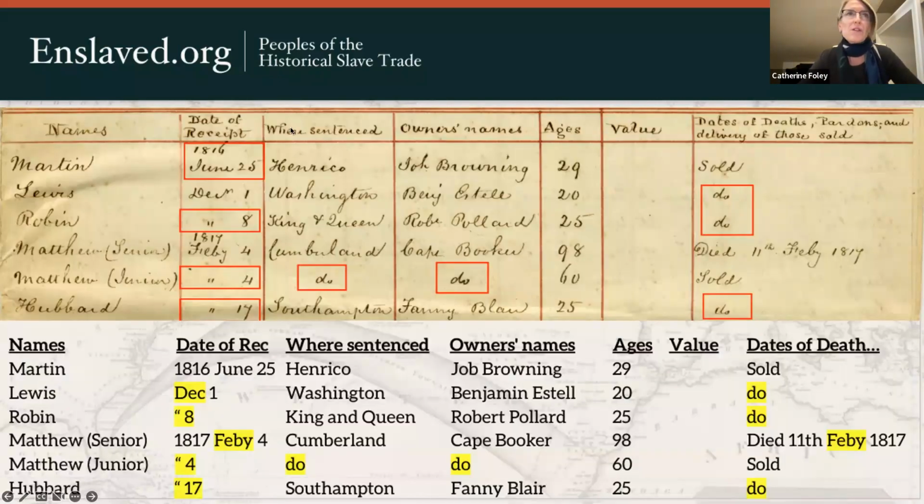So for example, there are some very specific dates here. We have the date of receipt that was not recorded in the data that the Library of Virginia created.